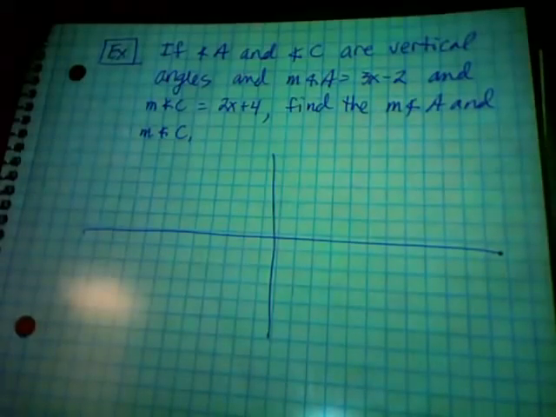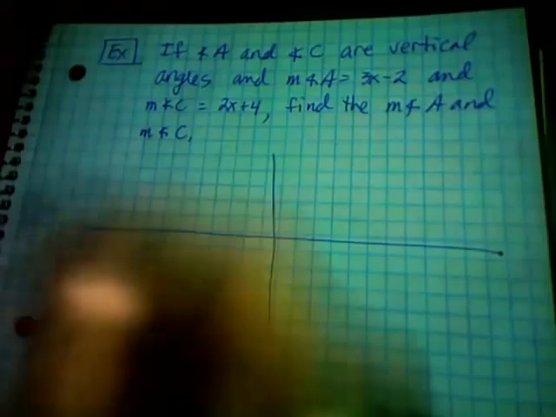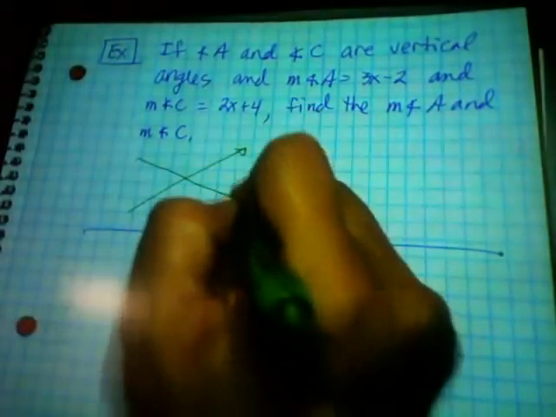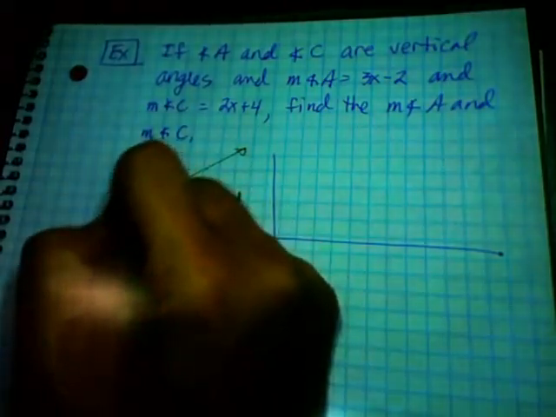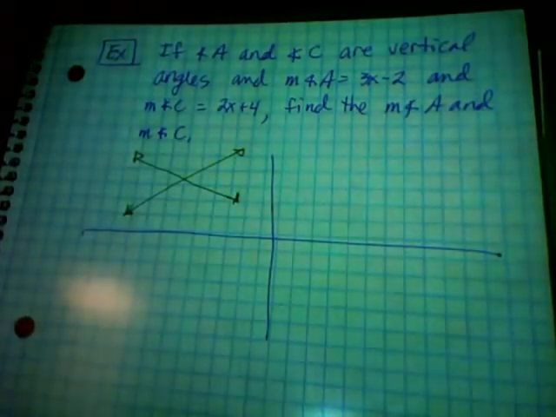How are vertical angles formed? What intersects? There are 2 angles. But what makes up those angles? Lines. So we have 2 lines that must intersect, and so it looks like an X, to form 4 angles.